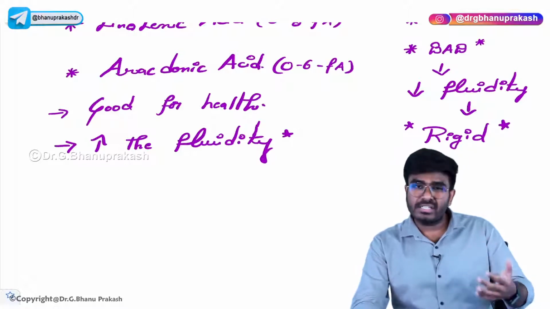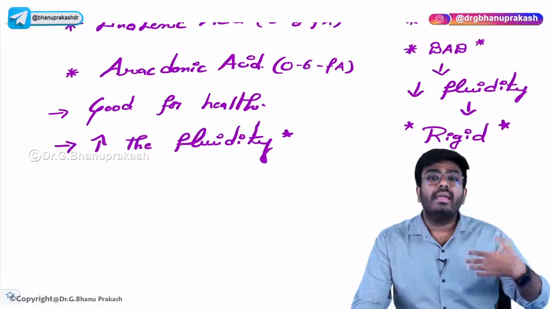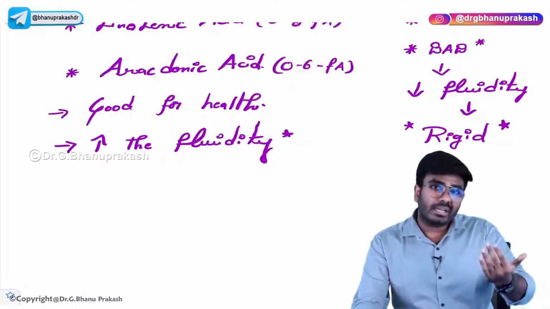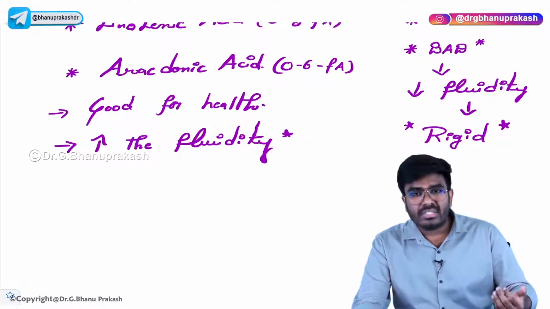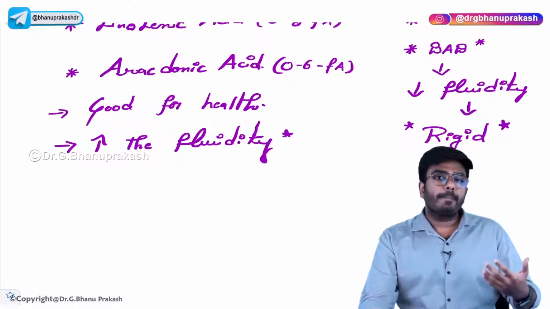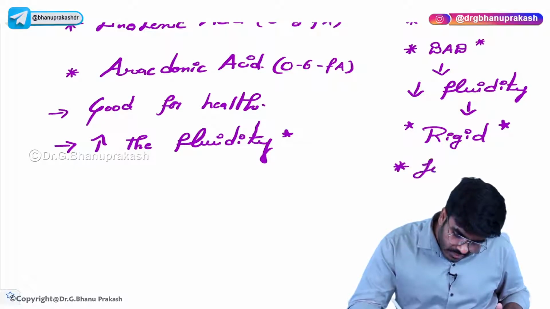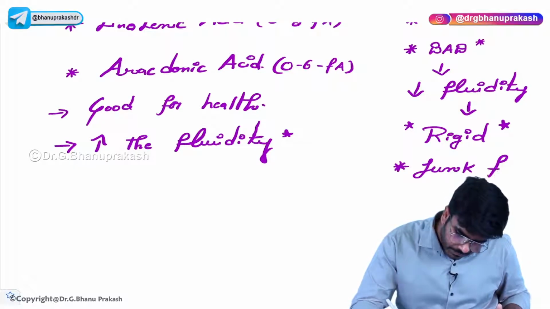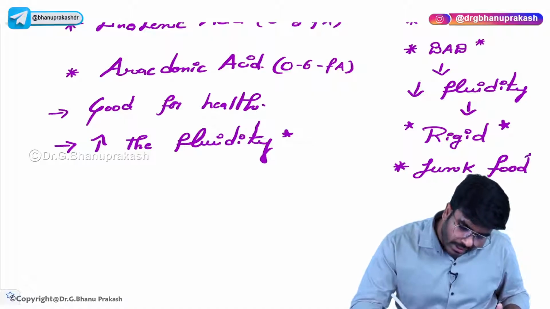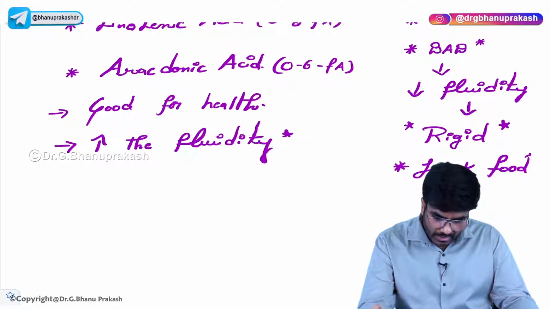If the cell membranes are rigid, cellular exchanges cannot happen. The cell cannot excrete waste materials or take in materials from outside. So the cell membrane is getting rigid, fluidity is decreasing. So they are very bad for health and they are highly present in junk foods. Junk foods are the richest source of these saturated fatty acids, which are bad for the body.